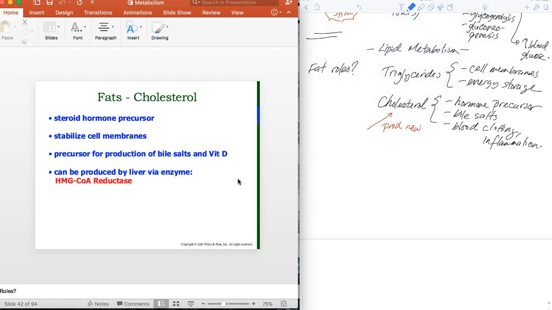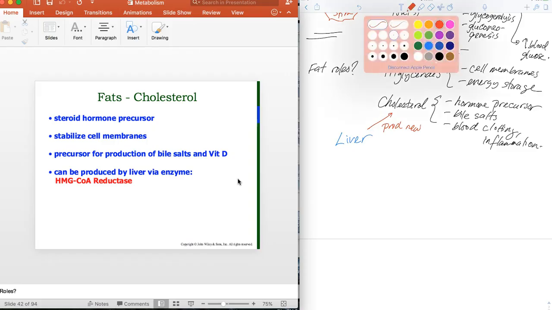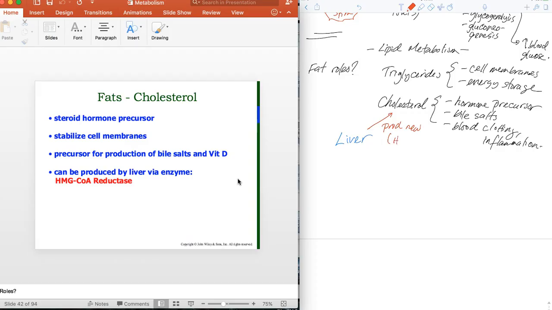That can be done via the liver. And there's a specific enzyme that's called HMG-CoA reductase. There's that CoA again, one of those B vitamins. It turns out that that particular enzyme can be blocked by drugs called statins.